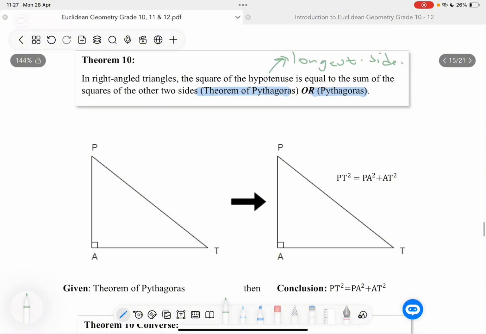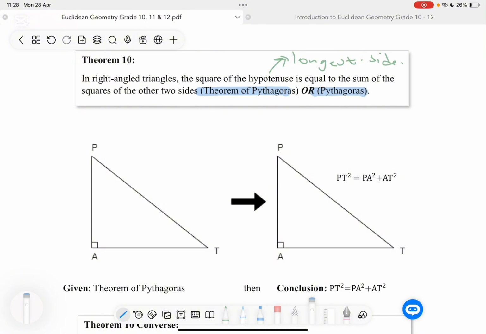Now, when you look at it in terms of a diagram, let's say we have triangle PAT here, and we have an angle of 90 degrees. That's why we call it a right-angled triangle, because it has an angle of 90 degrees. As given information, we would say we are using the theorem of Pythagoras.